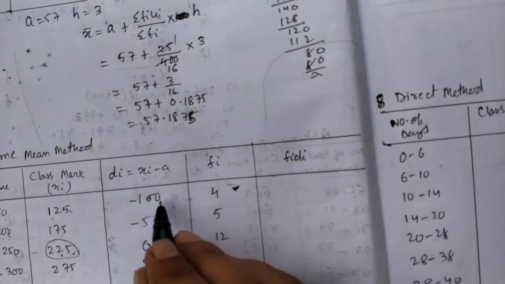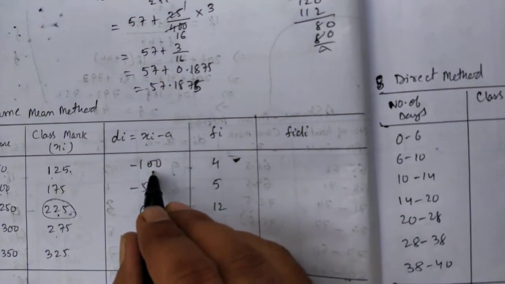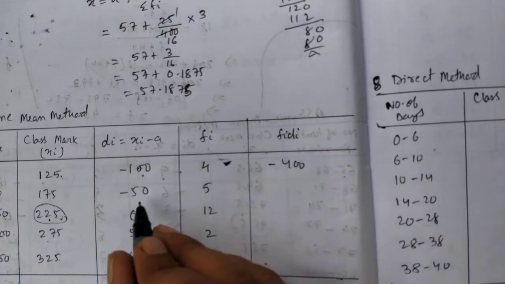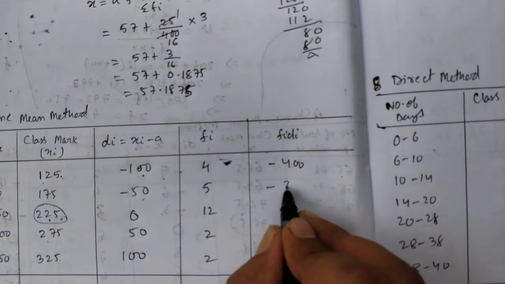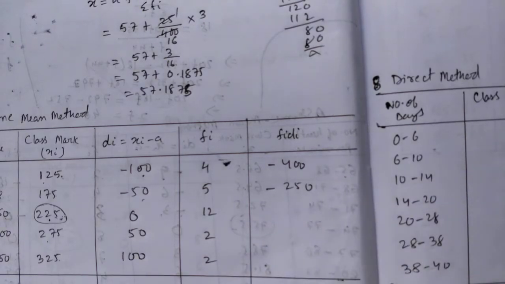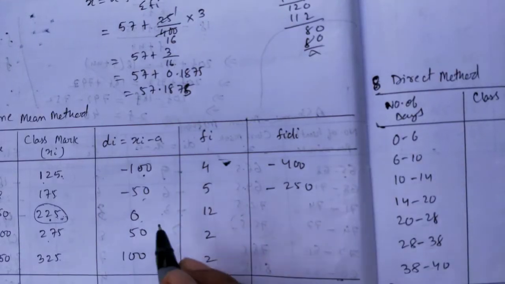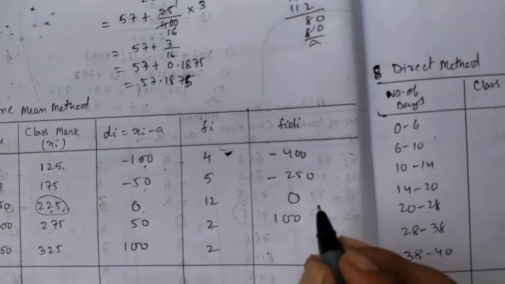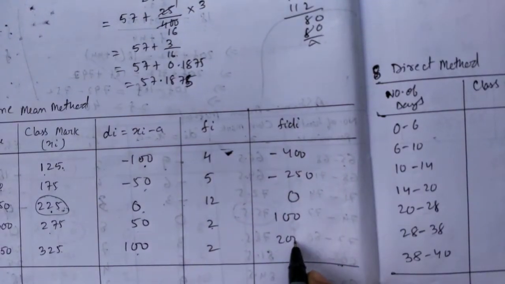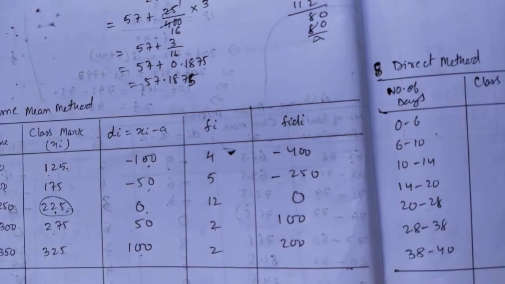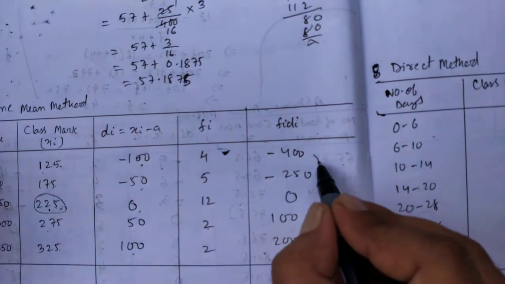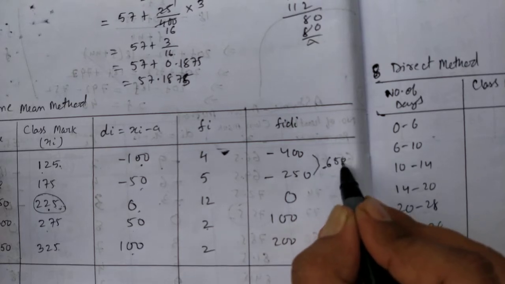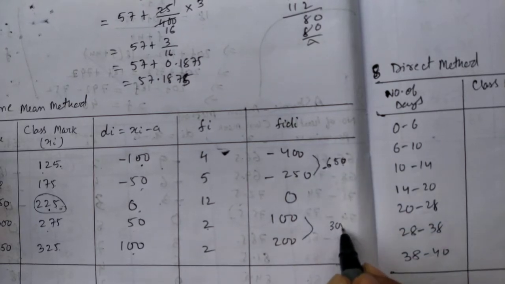Now multiply: this will be minus 400. If you multiply this, minus 250. 0 into 12 is 0. 2 into 50 is 100. This is 200. So the total of this is minus 650, and the total of this is 300.